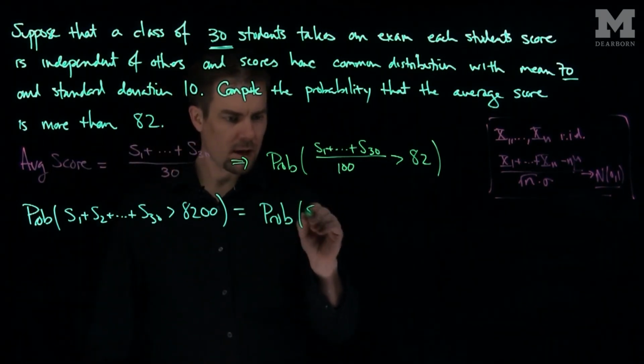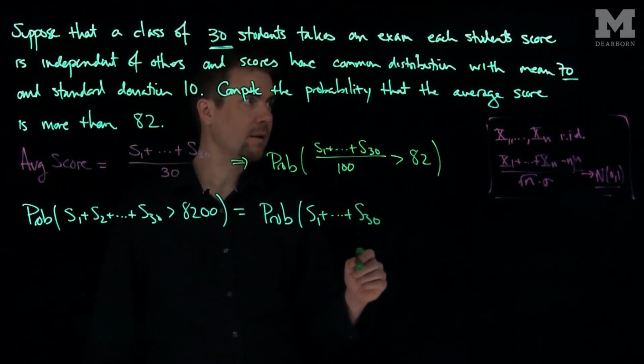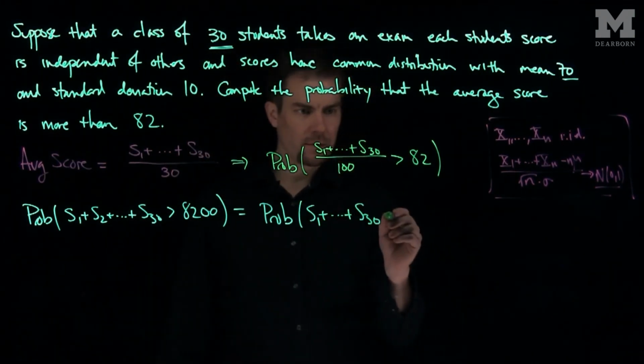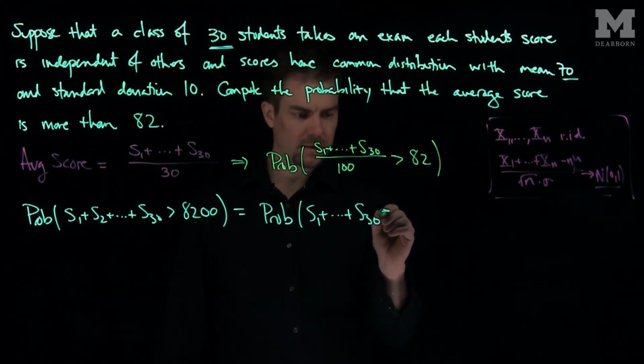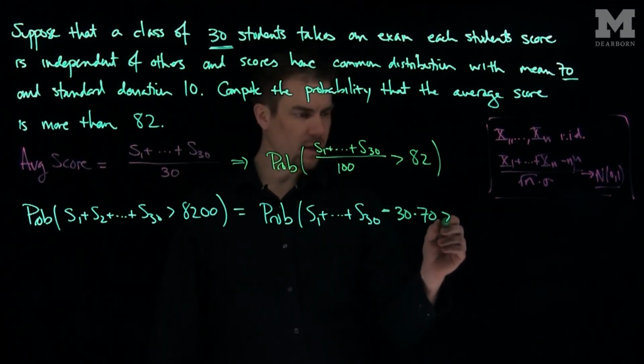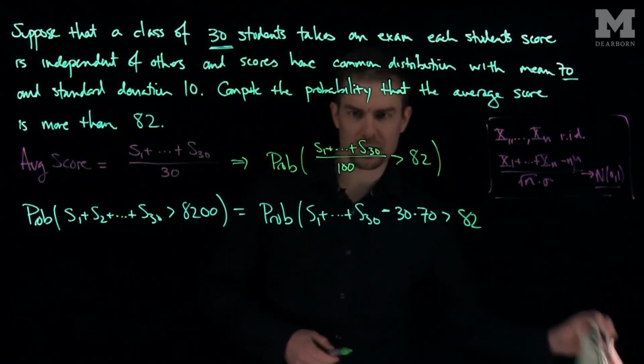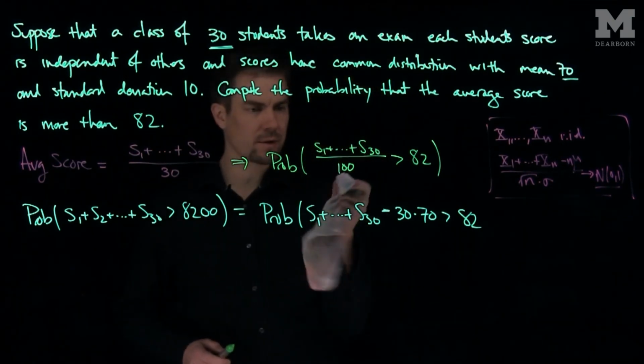Oh, this should be a 30 over here because it's the average, so we have 30 students.